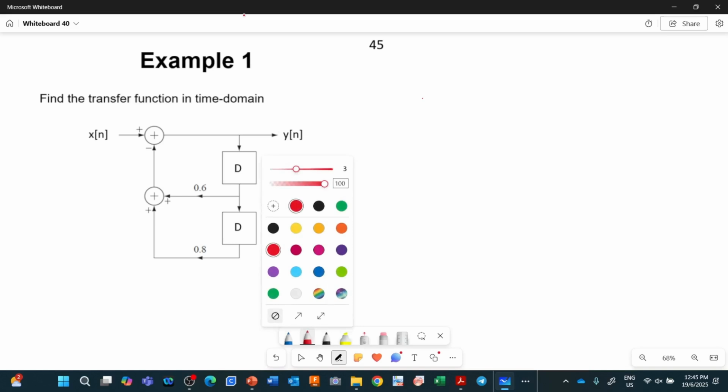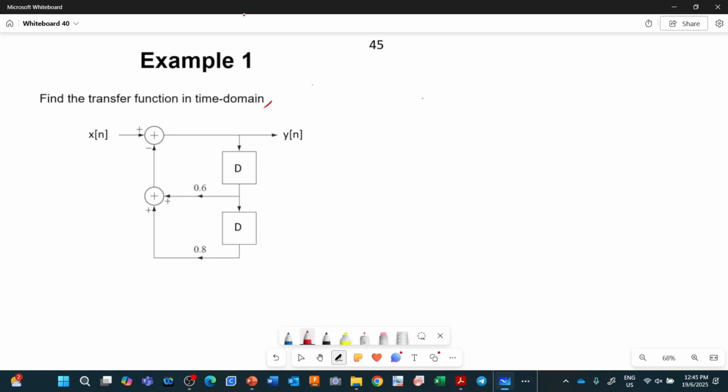Time domain means that you want to find the transfer function in terms of h[n], equivalent to the summation of y[n] over the summation of x[n minus n0]. We want to find it in this term.